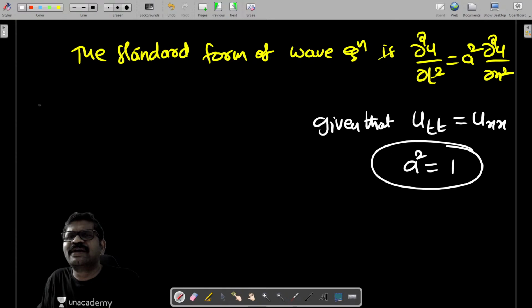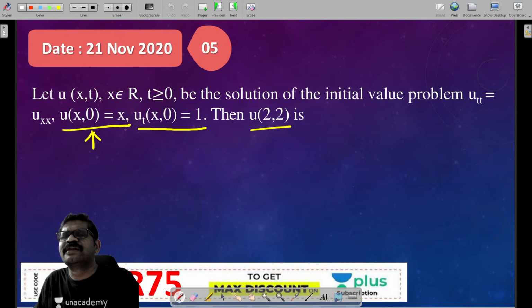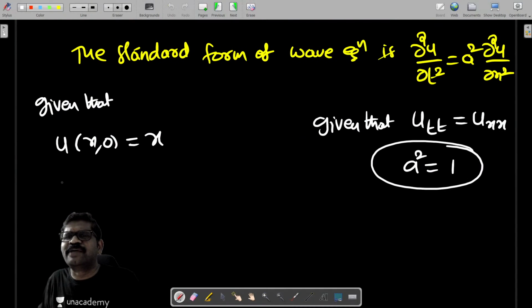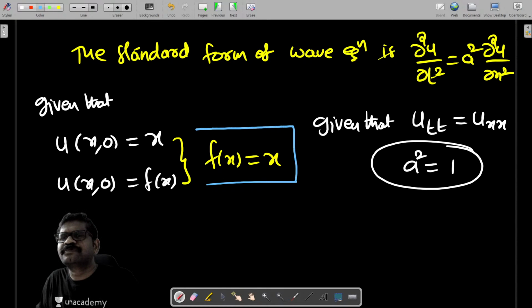Now, given the initial condition u of x comma 0 is x. Generally we represent u of x comma 0 as f of x. By comparing these two, you can write f of x equal to x. That is one observation.